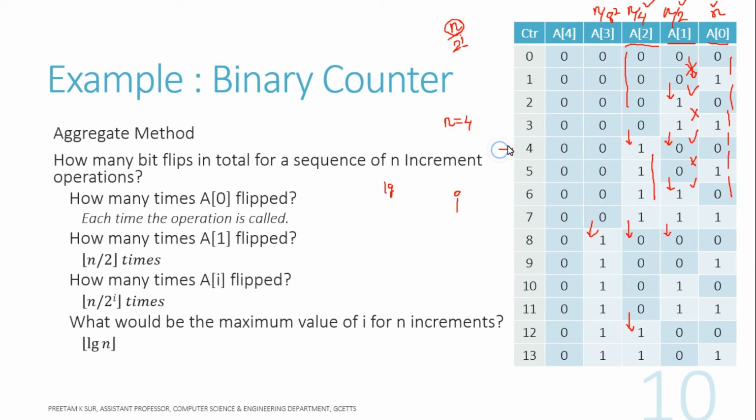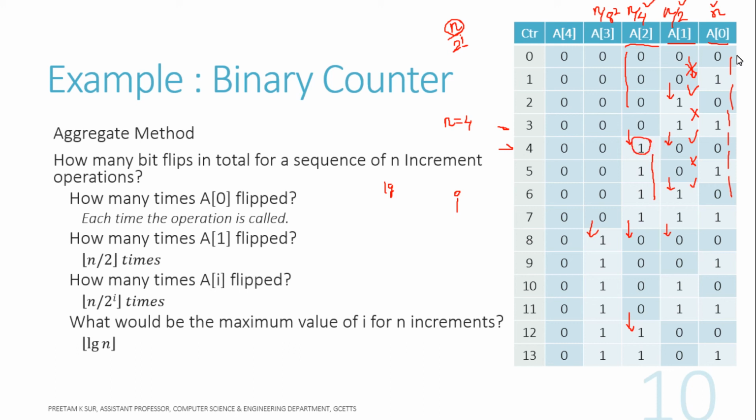So if n is equal to 4, then the last bit it is having is basically this one, right?